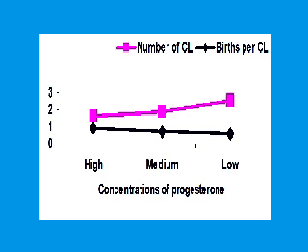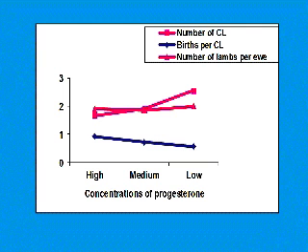Now, put in how many of those lambs are born. Total number of lambs born, and it's absolutely flat. So the variation in progesterone or the treatments with FSH have not really increased the number of lambs born, even though they did change the ovulation rate.